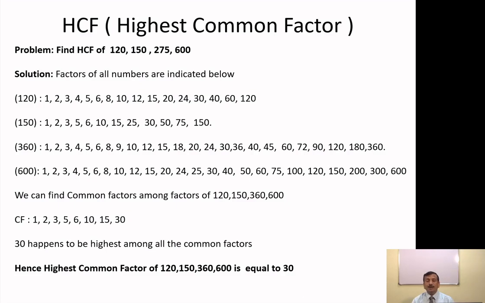Similarly, we get the factors of 360 and 600. We can find common factors among these as 1, 2, 3, 5, 6, 10, 15, 30. These are the common factors which can divide all the four numbers. 30 happens to be the highest among all the common factors. Hence, the highest common factor of 120, 150, 360 and 600 is equal to 30.